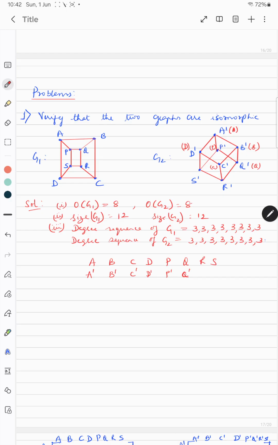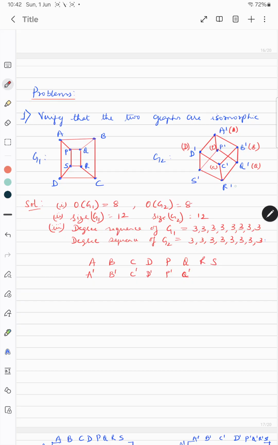Now we are left with the two vertices R and S. R is adjacent to C, R is adjacent to Q, R is adjacent to S. Now your Q is Q dash, C is C dash. So C dash and Q dash are adjacent to R dash, and R dash is adjacent to S dash.